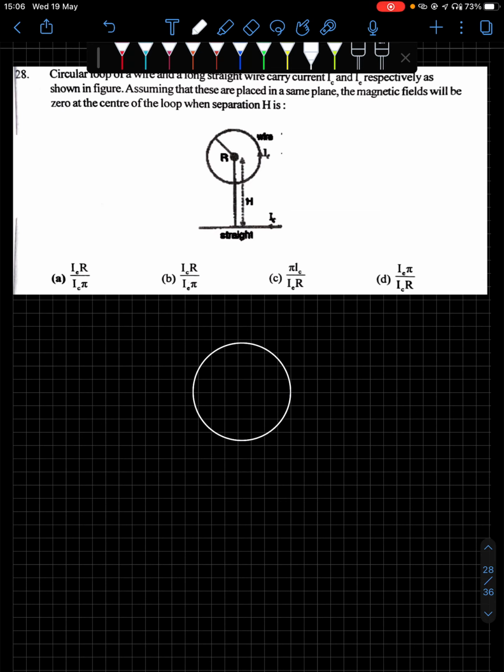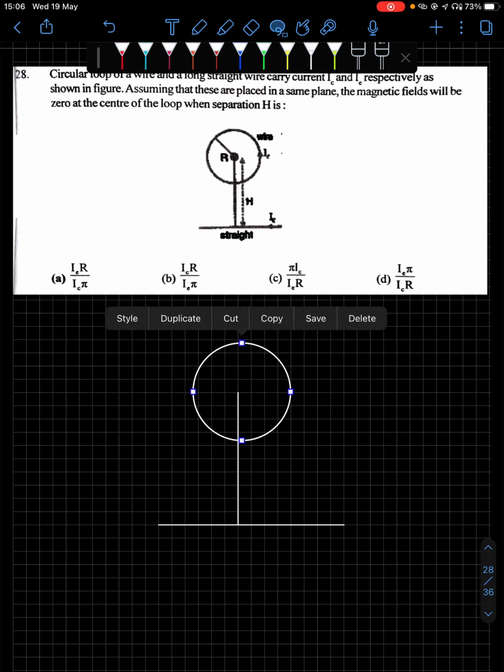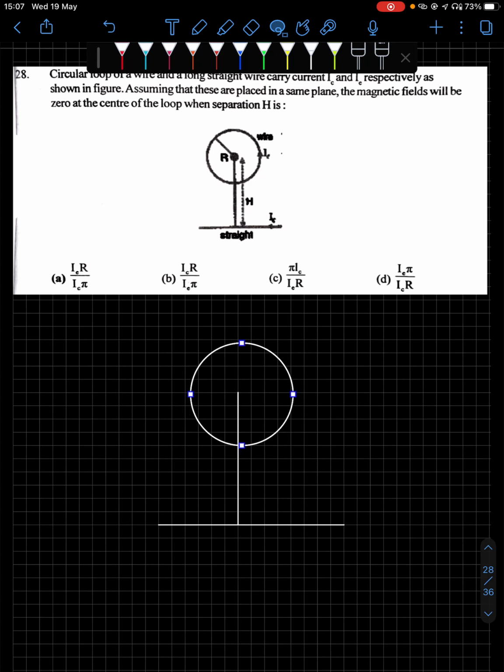So the situation is like this. Now this current is IC, this current is IE, the radius is R. You have to find out this H length, this blue line.